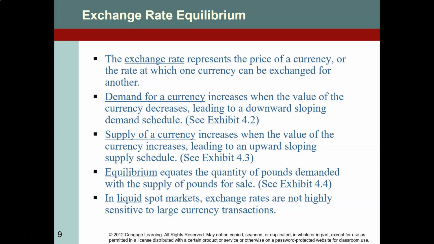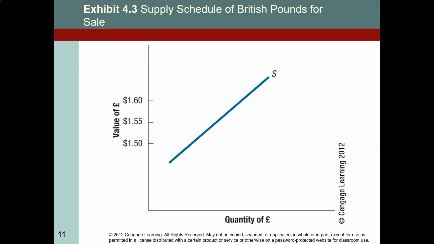When the value of the currency increases, when the product is more expensive, then suppliers are more willing to produce this product because they can make more money by selling the product, so the supply will increase. Just like an apple, when the value of the apple increases, supply of the apple should increase. More people would want to grow apples and sell them. So this principle also applies to our currency.